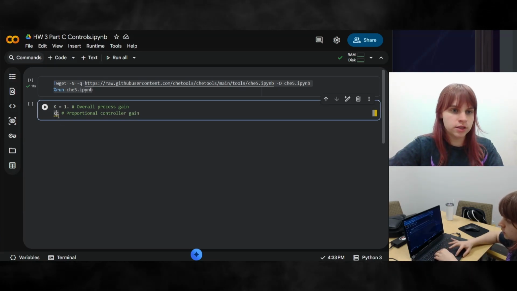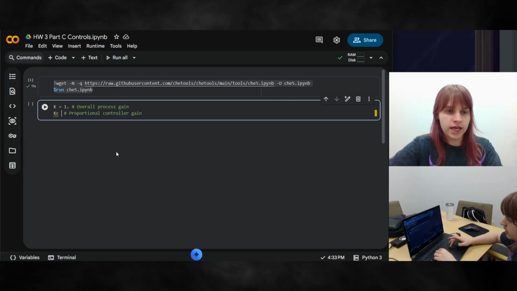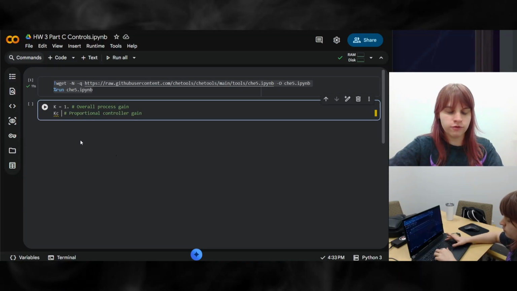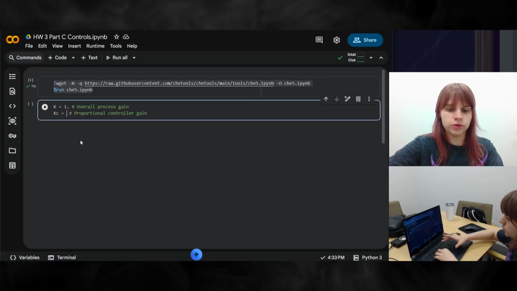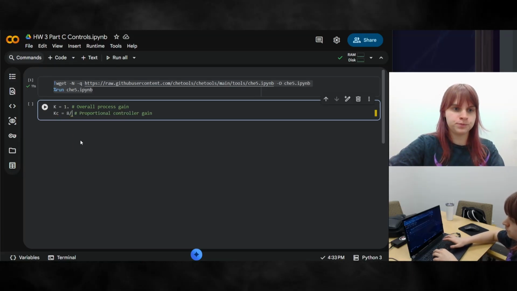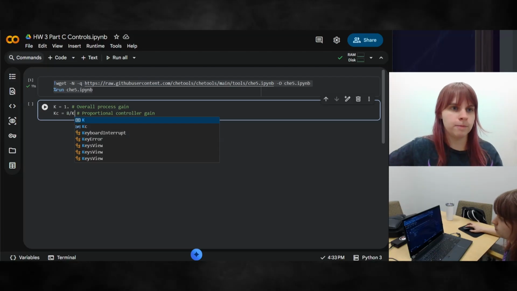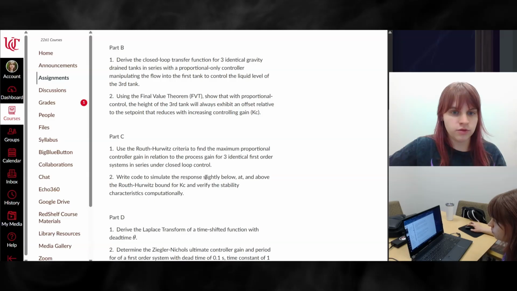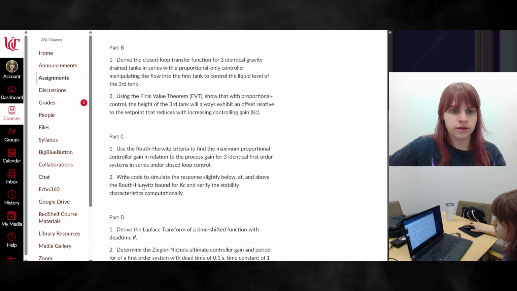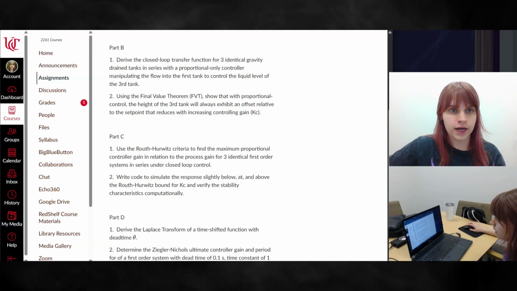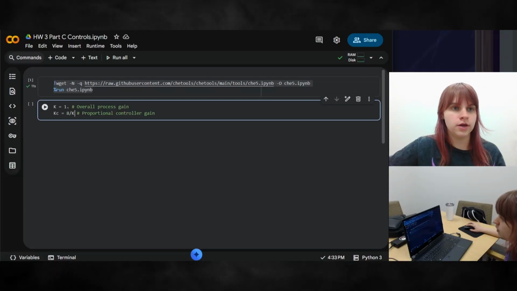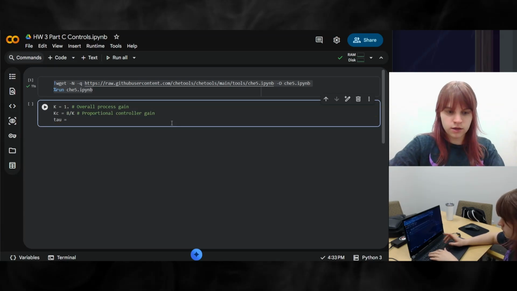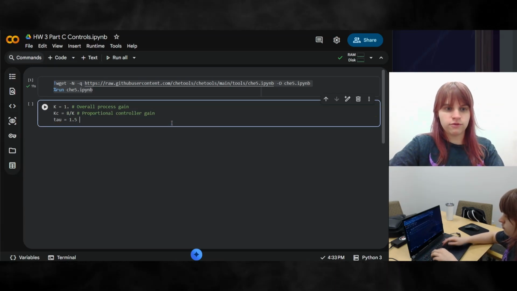We know that we wanted Kc to be less than 8 over K. So for now, I'm going to set this equal to 8 over K, and that'll be us testing the response at the bound for now. Then we can get into being slightly below and above. We also need a time constant, and I'm going to use a time constant of 1.5.